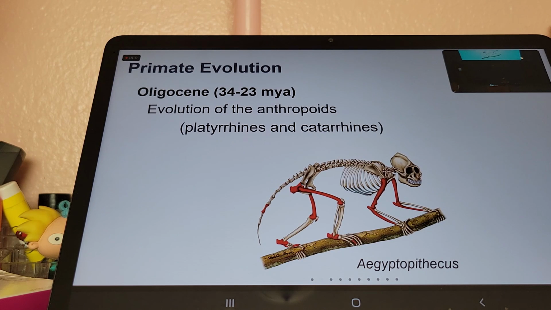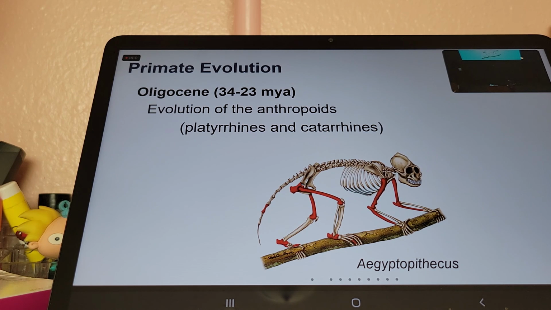During the Oligocene, which is the next epoch in the Cenozoic, we have the evolution of the anthropoids. And this is where we get the first true monkeys, like Aegyptopithecus, which comes from the Fayum Depression of Egypt, an area that is today a desert, but during the Oligocene was a lush, swampy, forested, jungle-like area that had a whole slew of tropical animals.